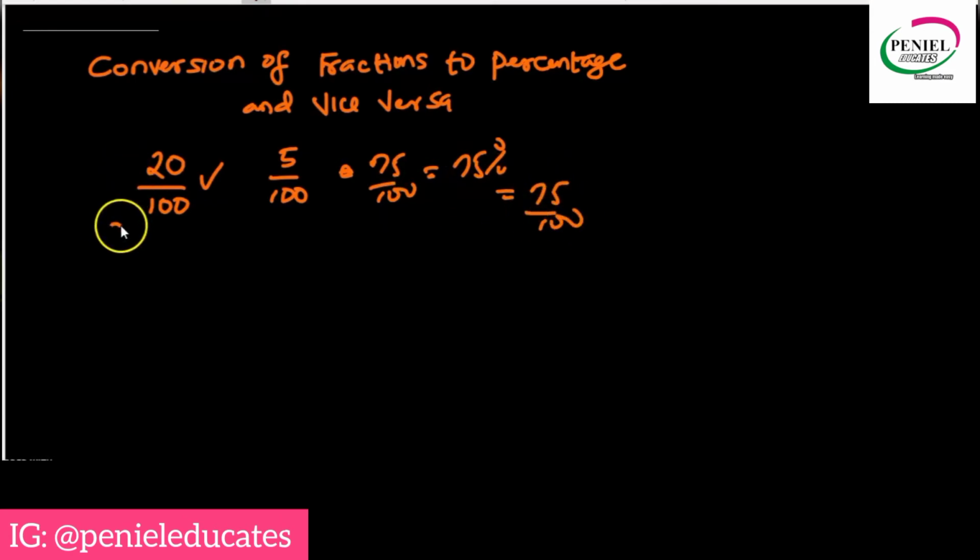This is 20%, which means 20 over 100. This is 5%, which means 5 over 100.